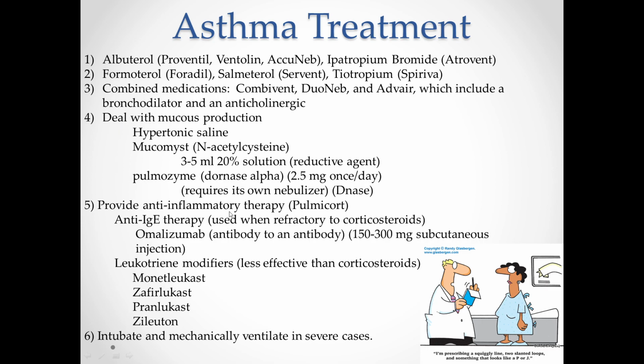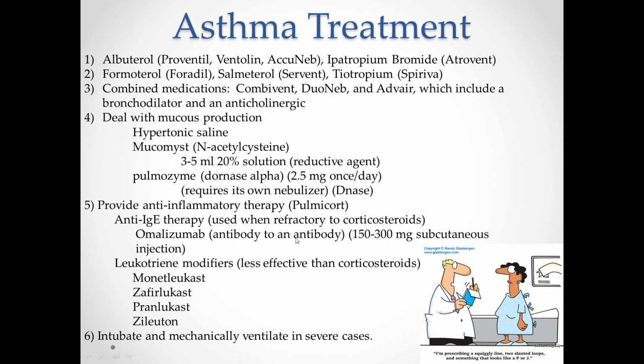We want to provide anti-inflammatory therapy, like Pulmicort or different corticosteroids. IgE therapies are also oftentimes used, and there's the name of one, omalizumab.